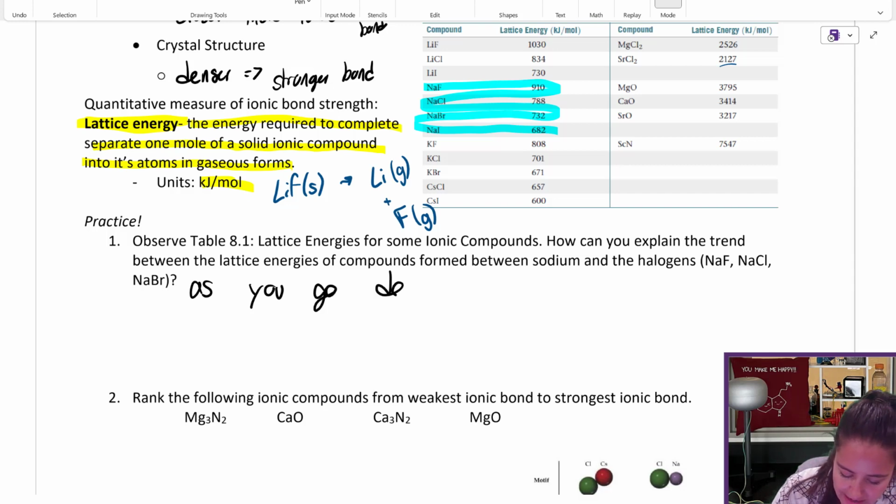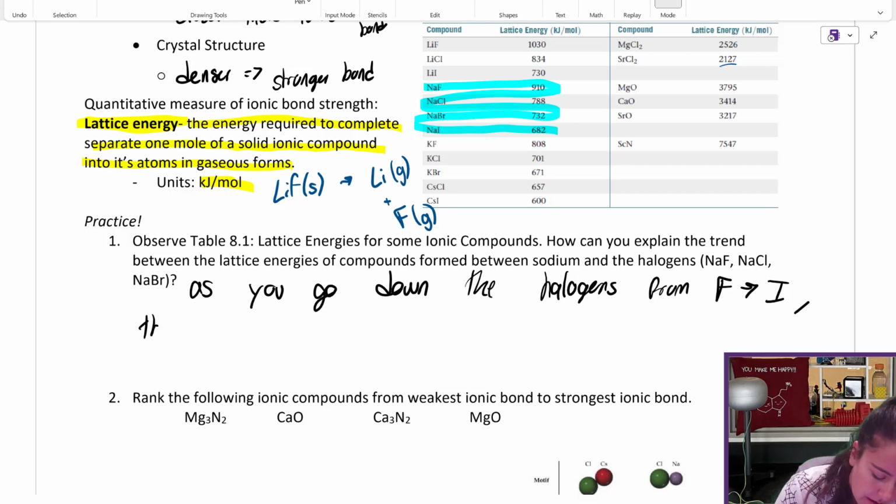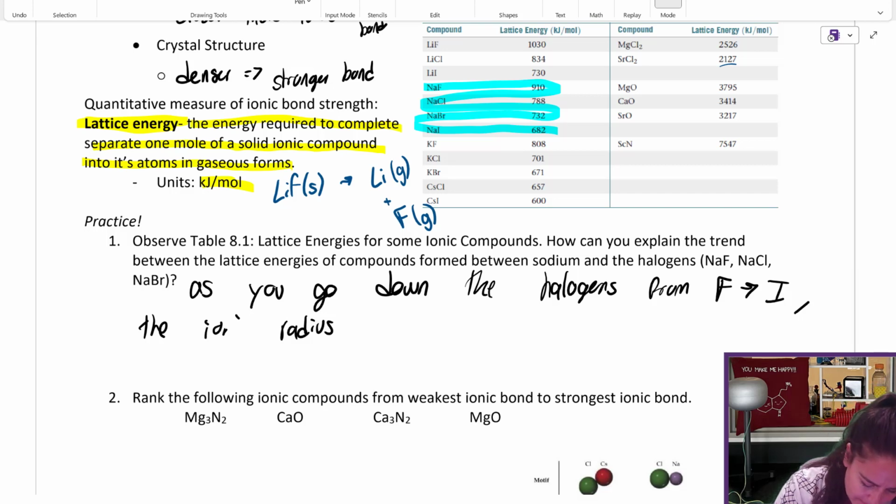As you go down that group of halogens, from fluorine to iodine, the atomic radius, well, I guess in this case it would be the ionic radius, increases.